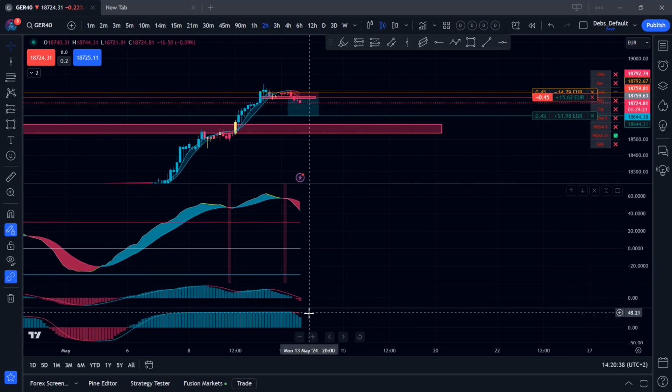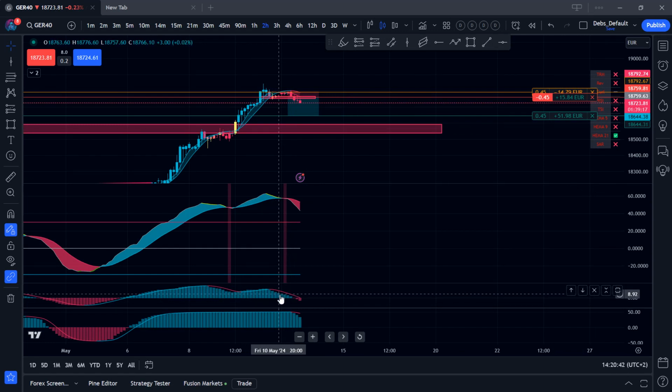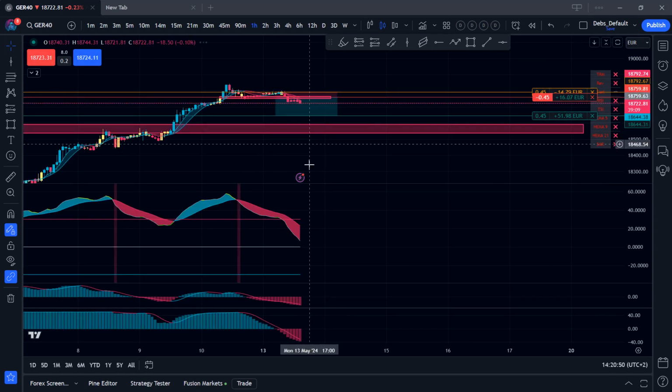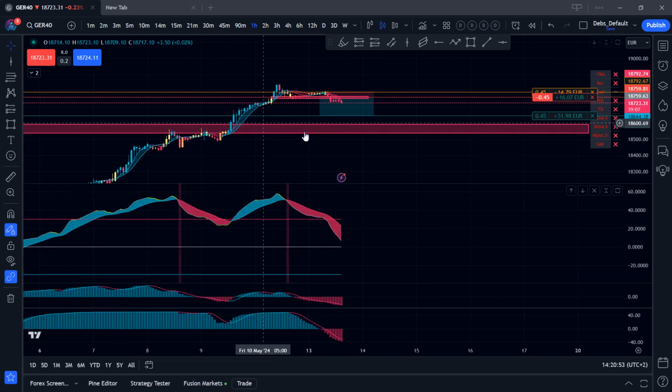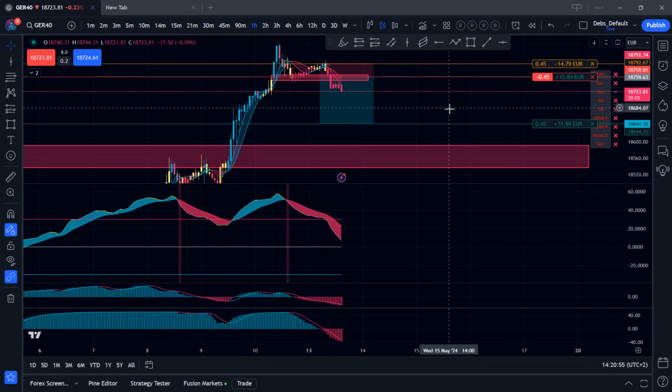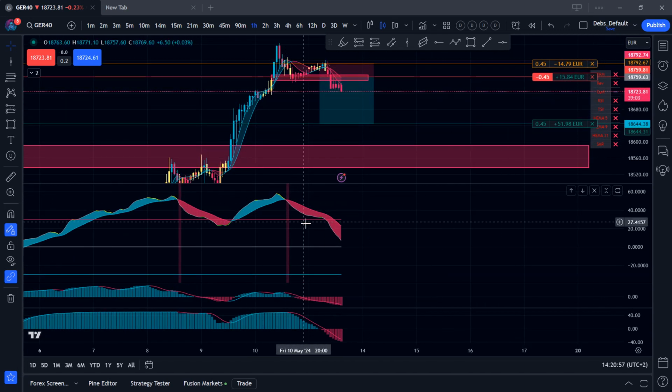So as you can see, it is confirmed because the 2 hour is showing a down movement, and on the longer term, on the 2 hour, is also starting to show a down movement. If you go to the 1 hour, you can see the details more clearly. On the 1 hour, we can already see that there is movement to the downside.